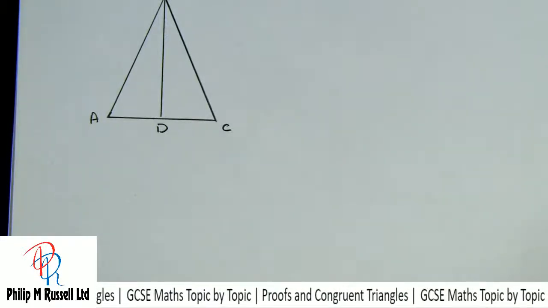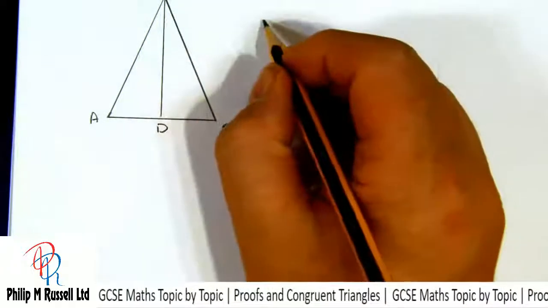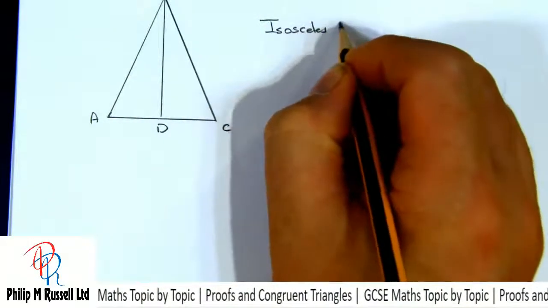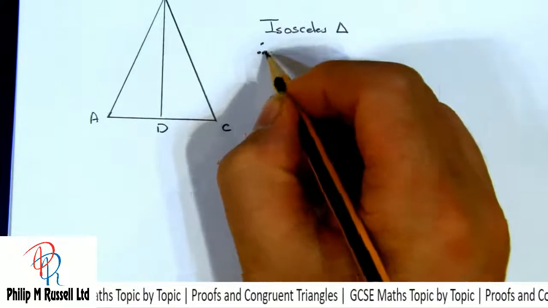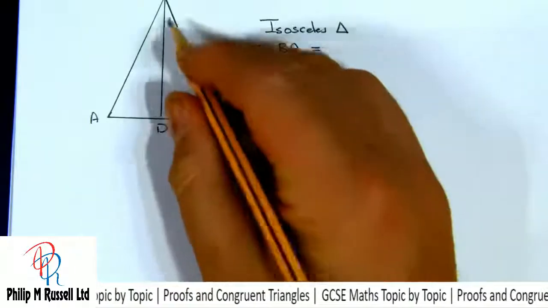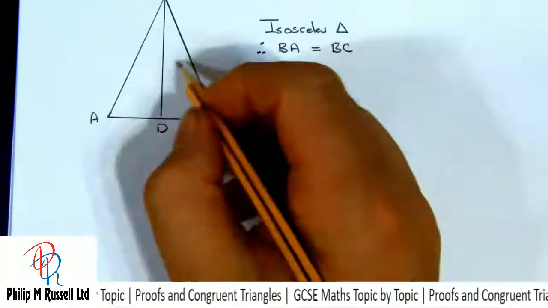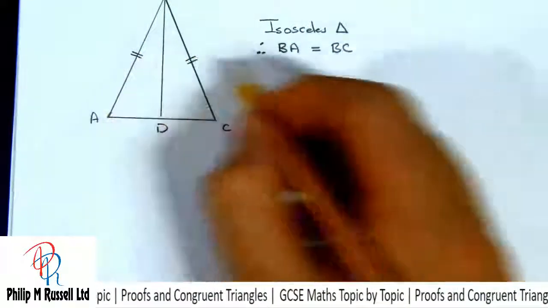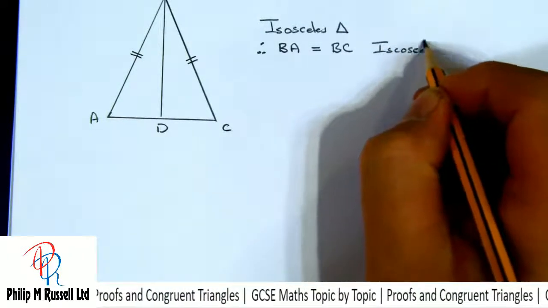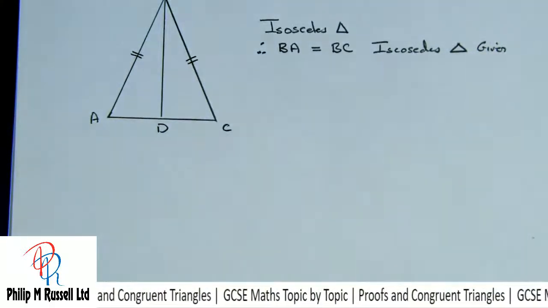Now, what do we know? Well, this is an isosceles triangle. Therefore, I know that side BA equals side BC because I'm only given the fact it's an isosceles triangle. So we've got one side. And that was given.